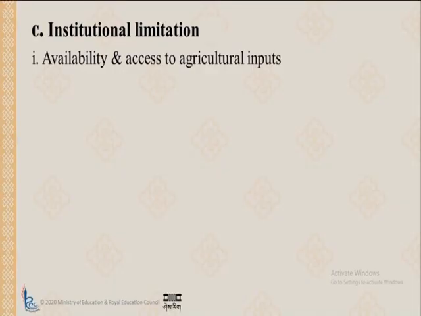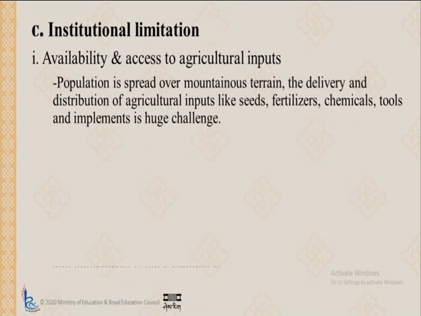Then the third one we have is institutional limitations. That means the first one we have is availability and access to agricultural inputs. Our population is spread over mountainous terrain. The delivery and distribution of agricultural inputs like seeds, fertilizers, chemicals, tools and implements is a huge challenge.